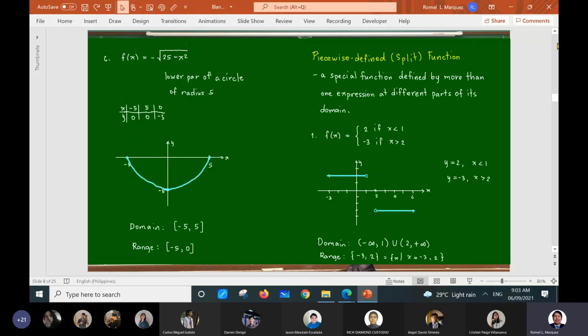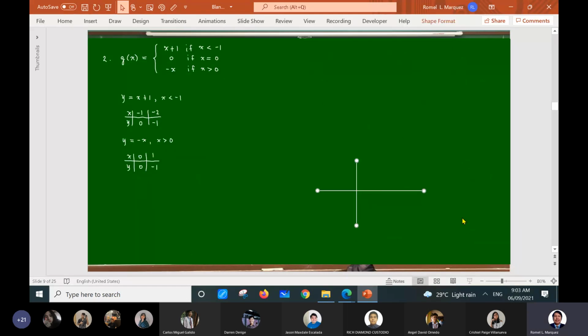I need this 1, 2. Let me copy this. I think I need space here so that it's not congested there.